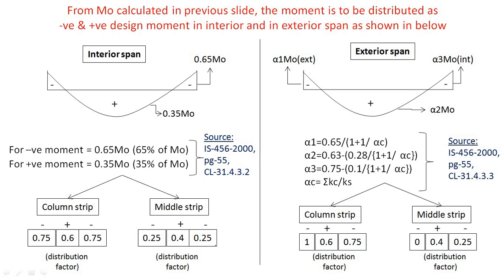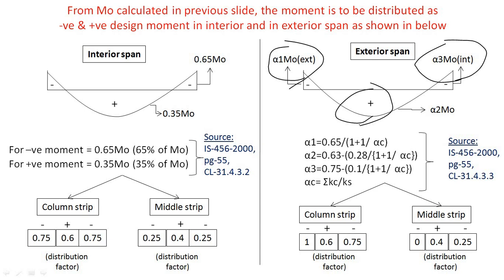Now coming on to the exterior span. We have calculated the moments, negative moment and positive moment. Now we will distribute it to the column strip and middle strip as in the interior span, but its distribution factor is different.